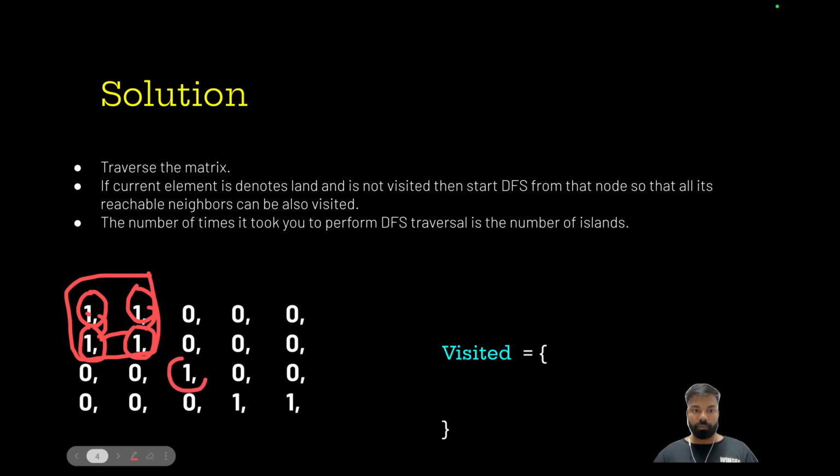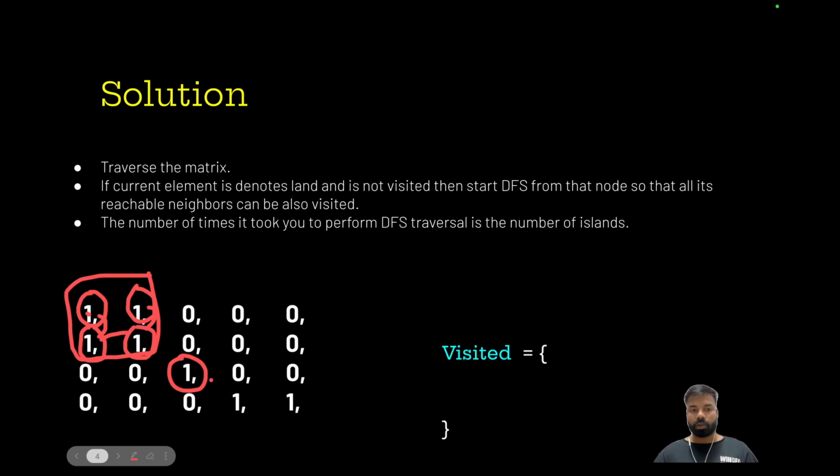Okay, and now I come to this one particular node. It has value of 1 and it is still not visited, so I can perform a DFS on this one. In this DFS call only this one is visited, because there are no other neighbors. Two land pieces which are diagonal to one another are not considered as neighbors. You are only neighbors if you are connected either horizontally or vertically directly.